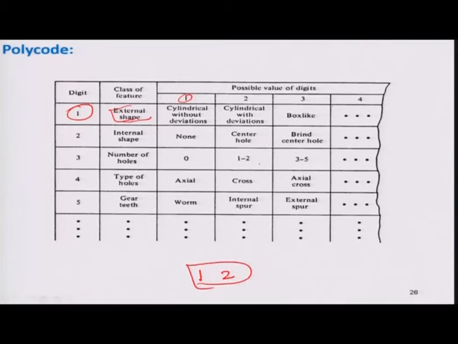It means this part has an external shape that is cylindrical and without any deviation. Okay, so external shape can be either cylindrical or prismatic, so that's why 1 and 2 are independent.